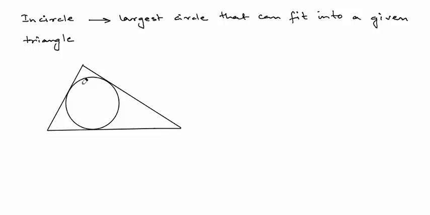And this indeed is the largest circle that can fit into this particular triangle. The circle just touches the three sides of the triangle, and therefore we can say the three sides are tangent to the circle. In other words, if you were to connect the center of the circle with this point, and this point, and this point, they will all be at 90 degrees to the three sides.